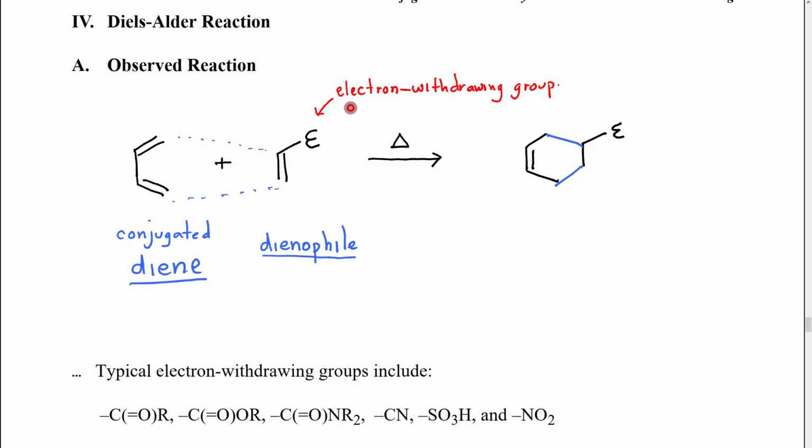That group is going to have the property that it is what we define as an electron withdrawing group. When we talk about the Diels-Alder in the general sense, to represent this electron withdrawing group, we use this script or Greek letter epsilon. So E, essentially.